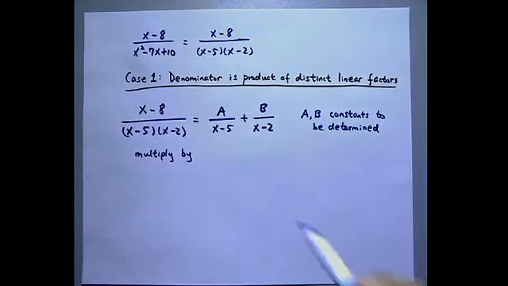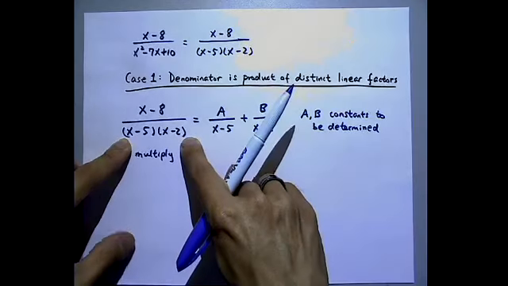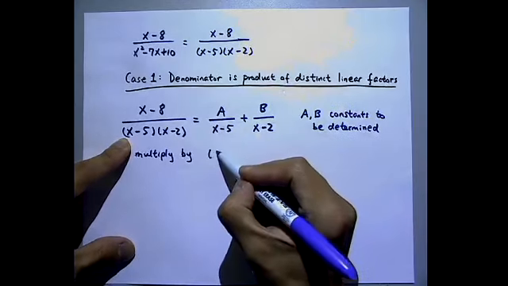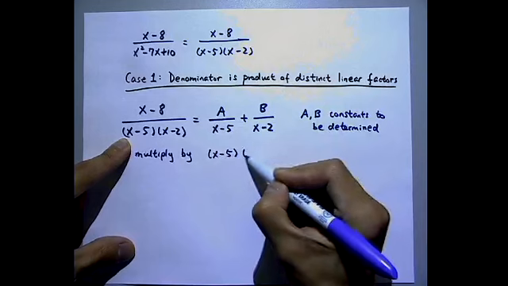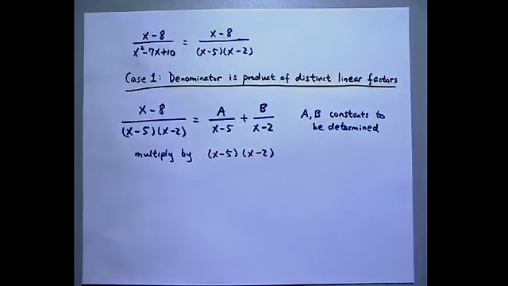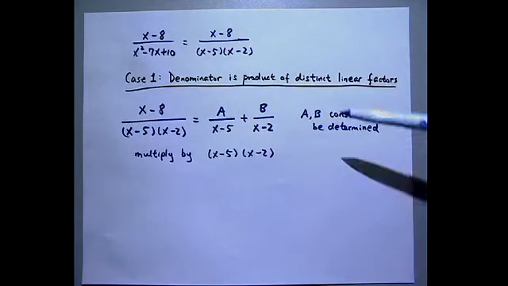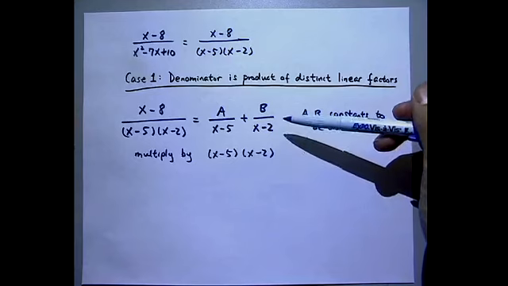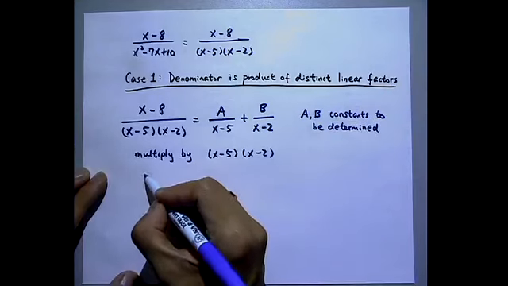Then we multiply both sides by x minus 5 times x minus 2. And left side, of course, is x minus 8.